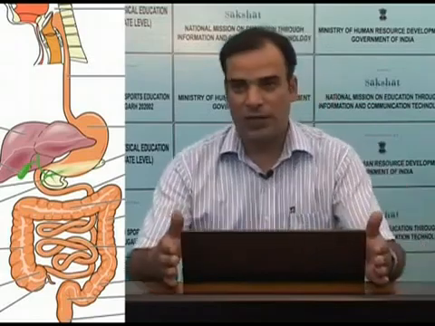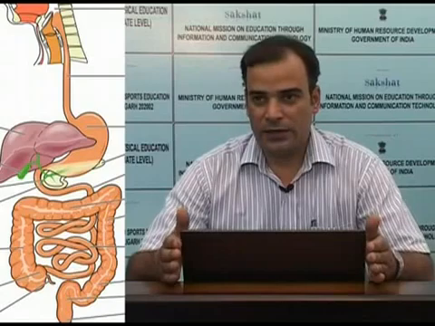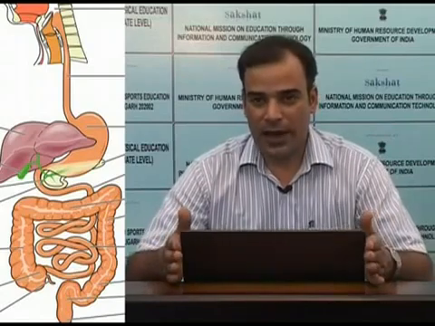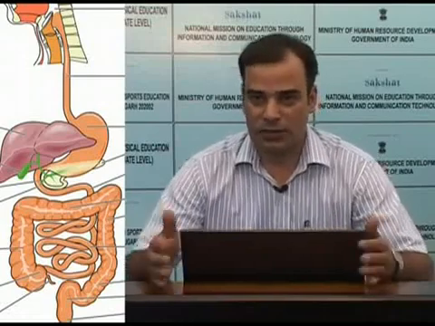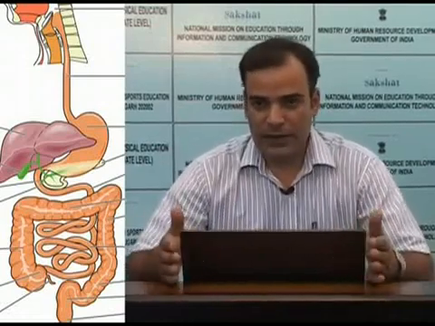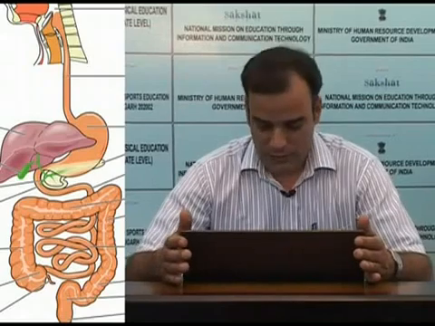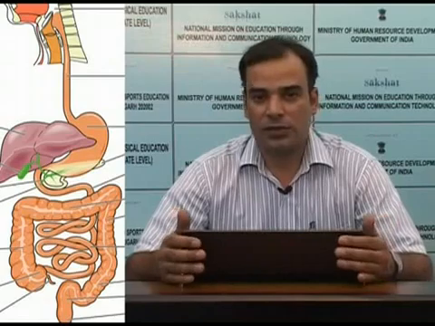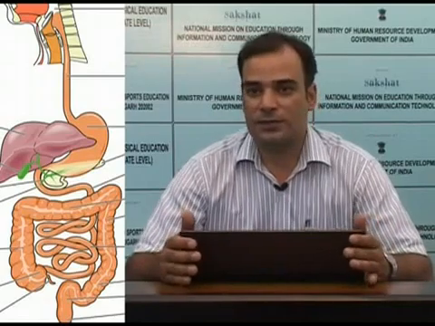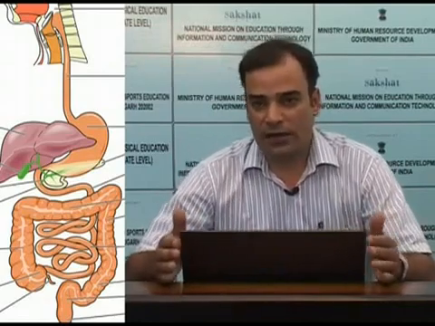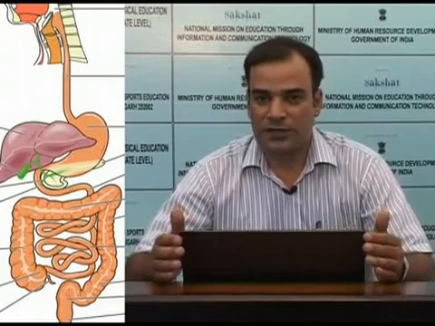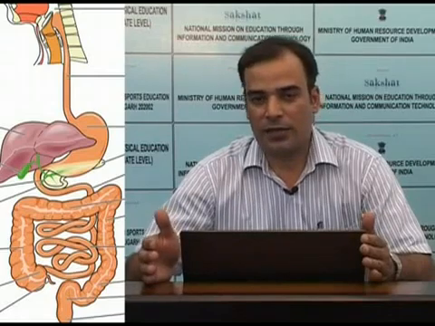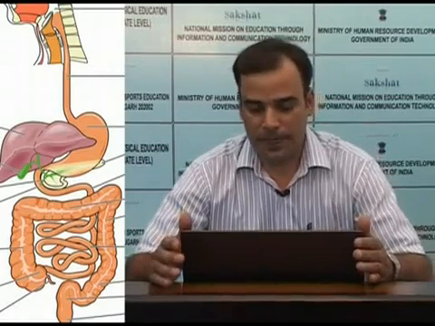Now, the parts of the digestive system can be divided into two broad categories: primary digestive organs and accessory digestive organs. Primary digestive organs are the mouth, pharynx, esophagus, stomach, small intestine and large intestine. The small intestine is further divided into its first part, the duodenum, then the jejunum and the terminal part called the ileum.